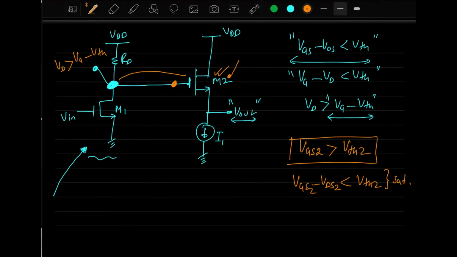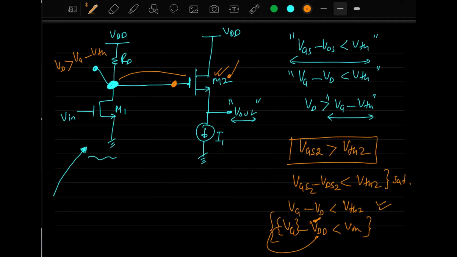So here you note one thing, that VG minus VD less than VTH is always satisfied because VD is actually VDD here. So this is actually at the maximum point. This VG is, some way or the other, always smaller than VDD. So this condition is satisfied. There is no problem here. But let us check whether this other condition is satisfied or not.